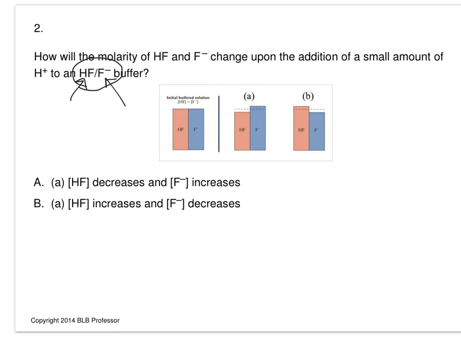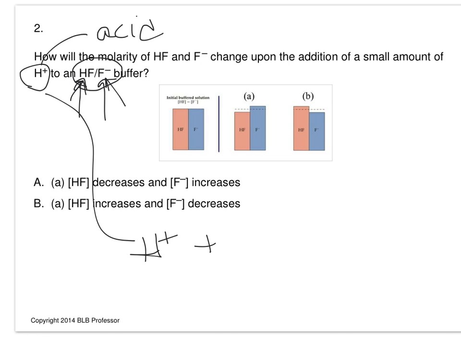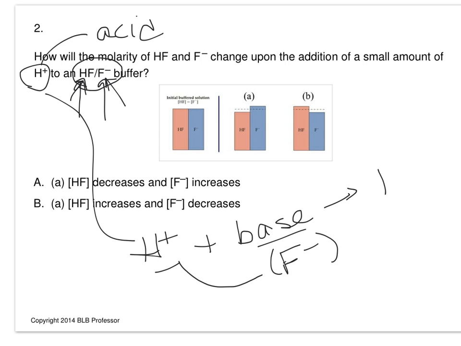Now it's saying, okay, if you add a small amount of acid to this buffer, what's going to happen to the relative concentrations of HF and F minus? Well, if you add H plus to this buffer, it's going to react with whatever the base in the buffer is. Acids react with bases. What is the base in this buffer? F minus. So what's going to happen when H plus reacts with F minus? It's going to make hydrofluoric acid.